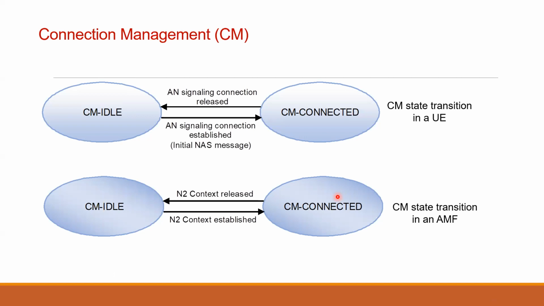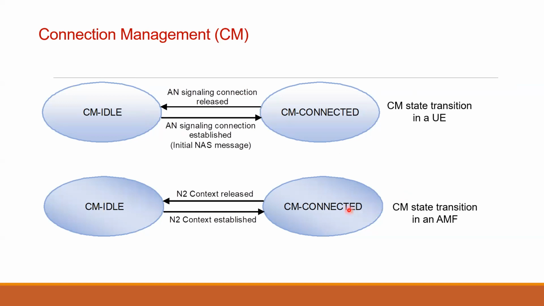The second one is your session management state, which is called connection management in 5G. A user can be in CM idle state or in CM connected state. If the user is in CM idle state and establishes an access network connection, it moves from idle to connected state. And in case the signaling is released, the user moves from connected state to CM idle state.